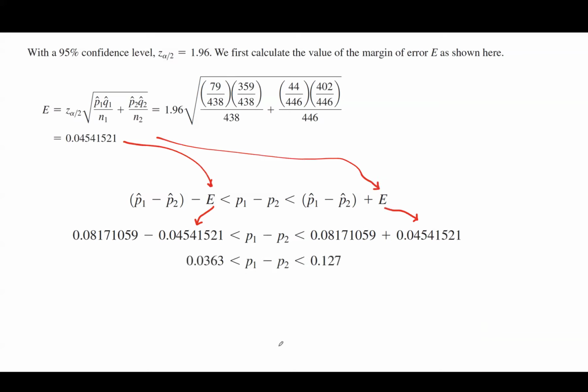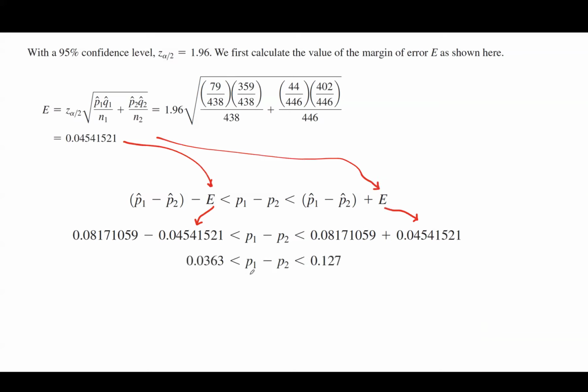Now, the difference between population proportions is bounded between 4% and 13%. But what's the meaning of that? The confidence interval limits don't contain 0. It suggests that it is very unlikely that the difference between the proportions is equal to 0.